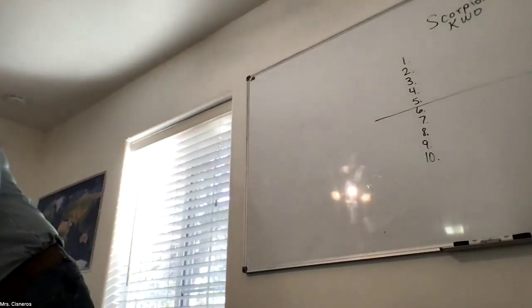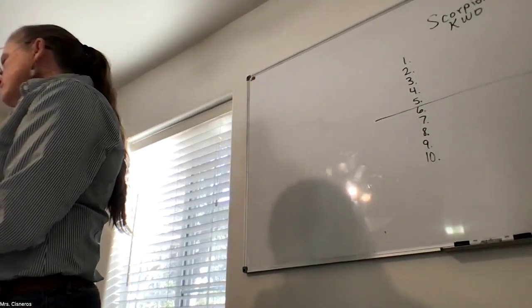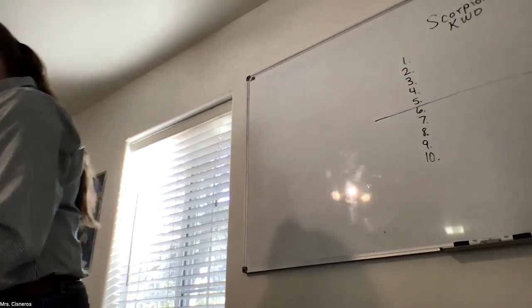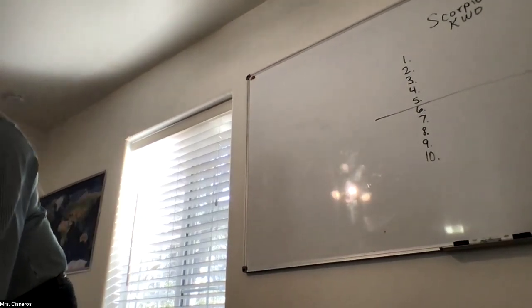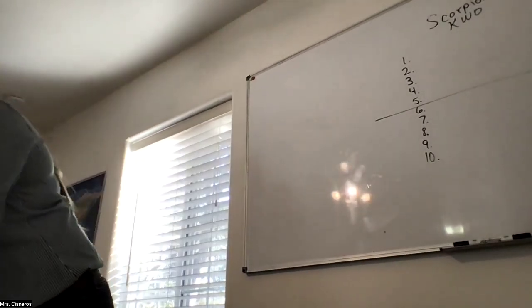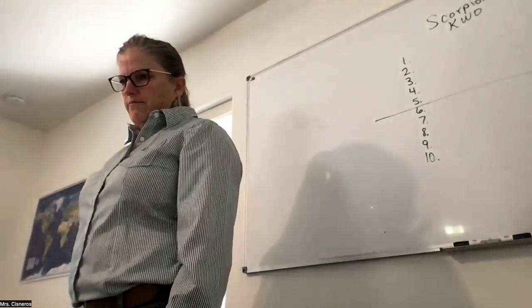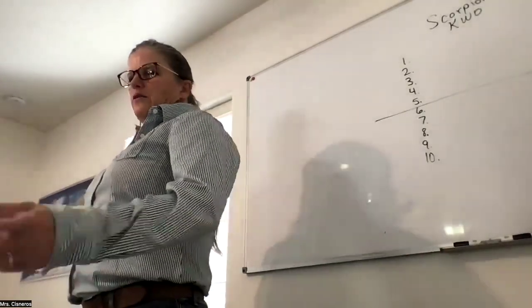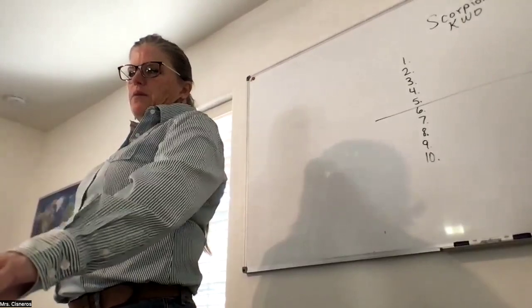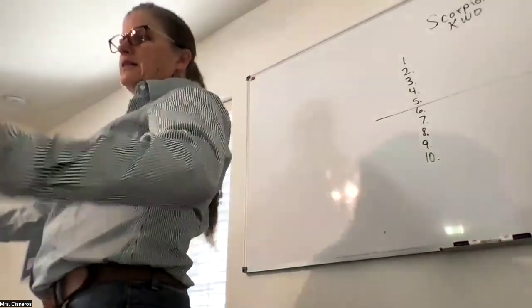You don't have your outline? Uh-oh, okay. Just get out a clean piece of paper then, and I'll help you. I think he'll just need to use mine. Go ahead and get another piece of lined paper out though, okay? Get an extra one out. And then let's listen to Brady.